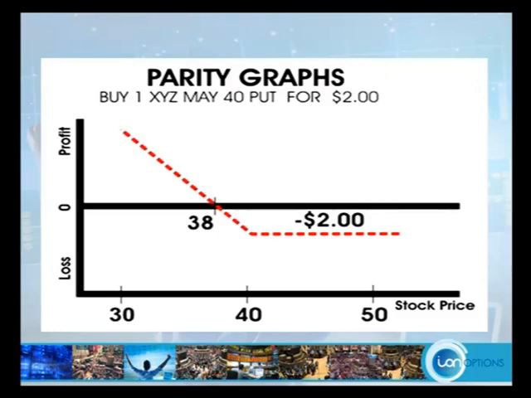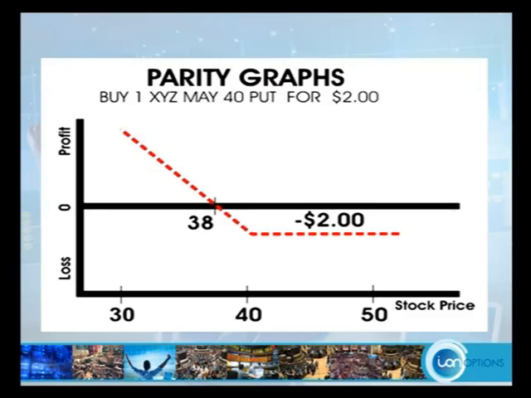Remember, we said any time you buy an option, the worst place for that option to go, or the stock to go, is directly to the option strike. That is the point of maximum loss. And take a look at our break even, $38. Remember our formula. Strike price, 40, minus option price, 2, equals 38. 38 is our break even.